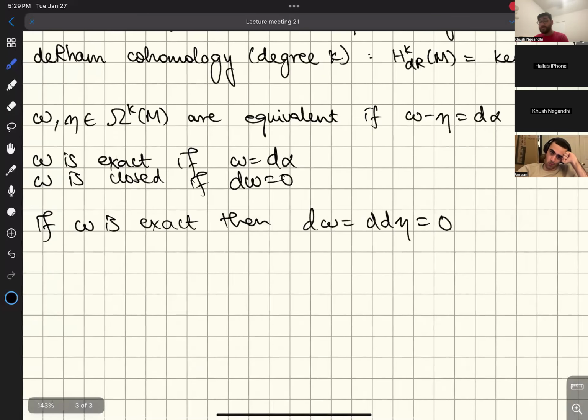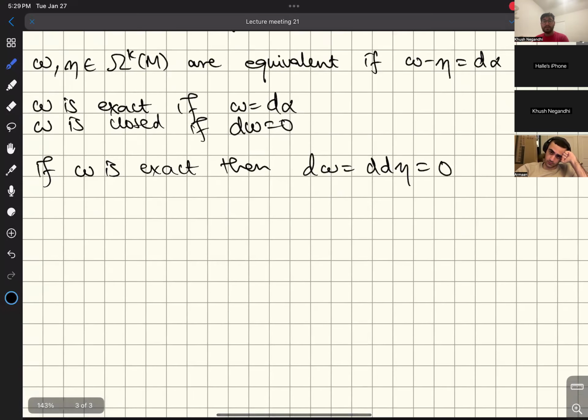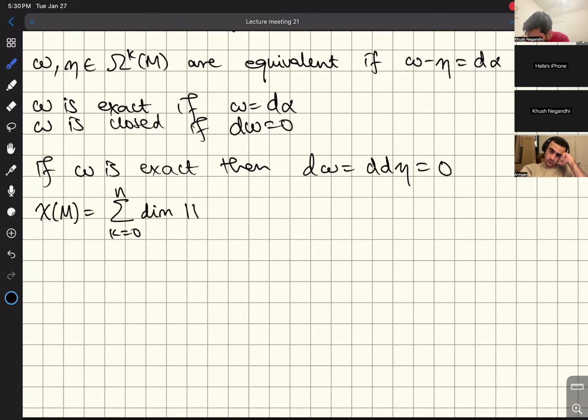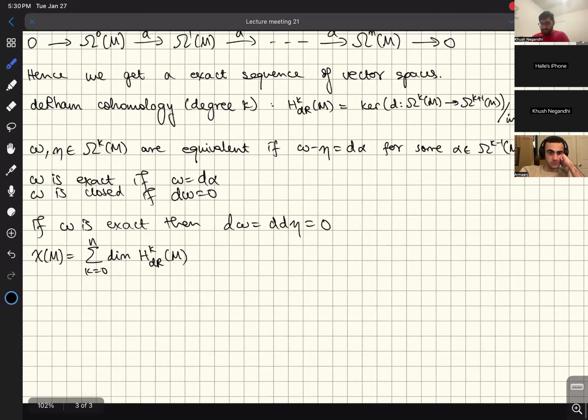Moreover, if you've heard of the Euler characteristic of a topological space, it turns out that it is nothing but the sum of the dimensions of the cohomology. So these cohomology vector spaces come together to give us important topological information.